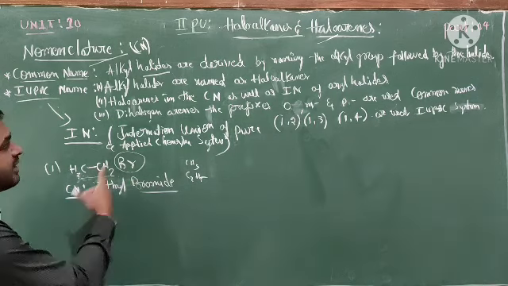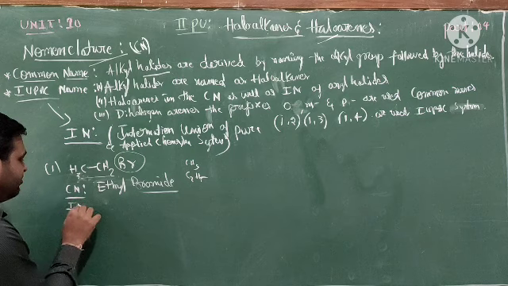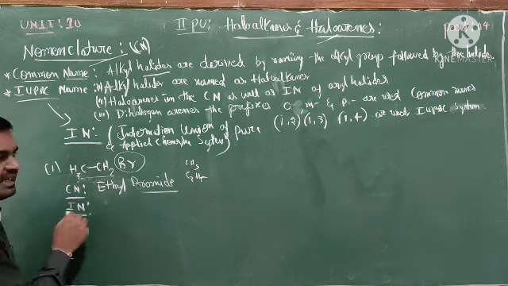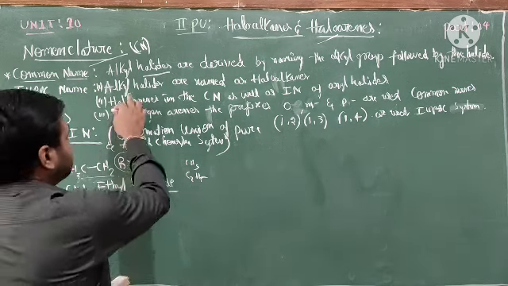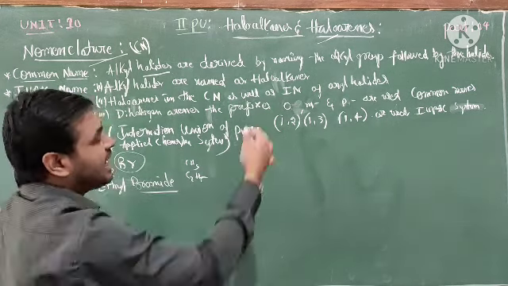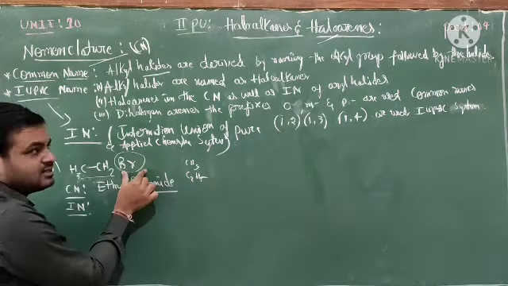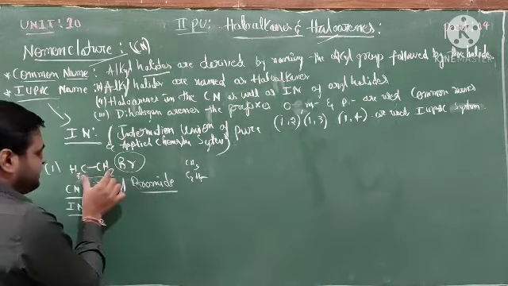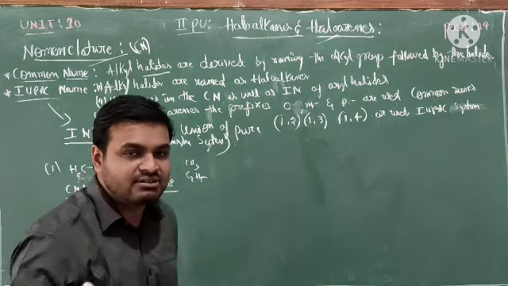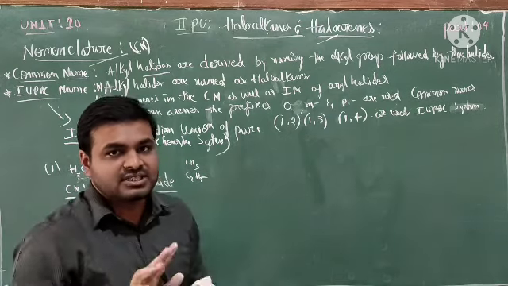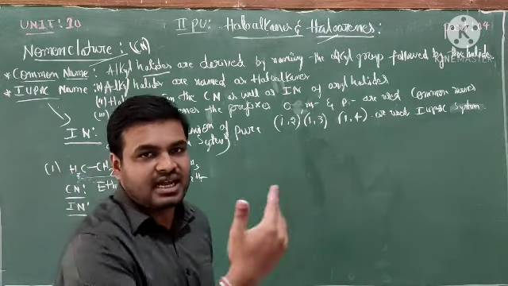This is the common name. What about the IUPAC name? In the IUPAC name, alkyl halides are named as haloalkanes. Halo means halogens, alkanes, only the alkanes. Why do you consider alkanes and not alkenes or alkynes?